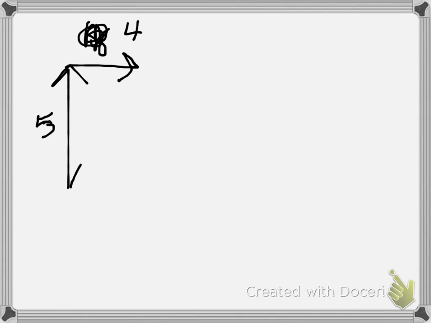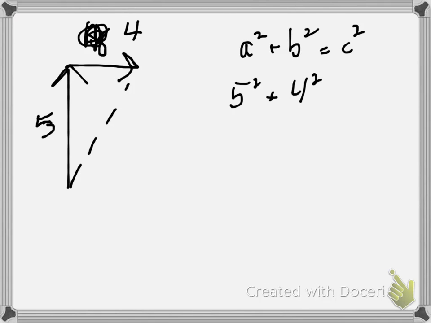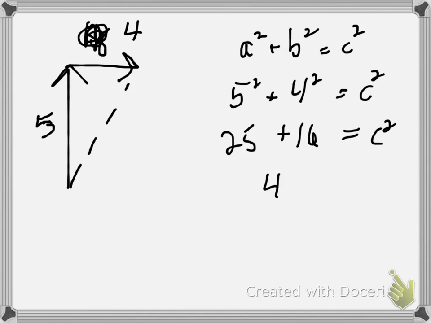Well, kind of like displacements, you have to do the Pythagorean theorem and figure out what the hypotenuse of the right triangle is. So that is a squared plus b squared equals c squared, where this would be 5 squared plus 4 squared equals c squared. So that's 25 plus 16 equals c squared. 25 and 16 is 41 equals c squared.